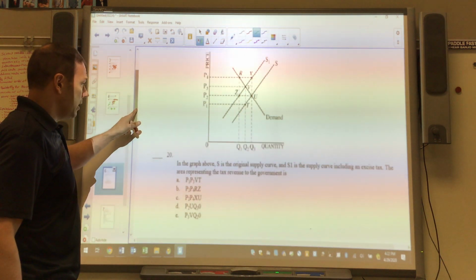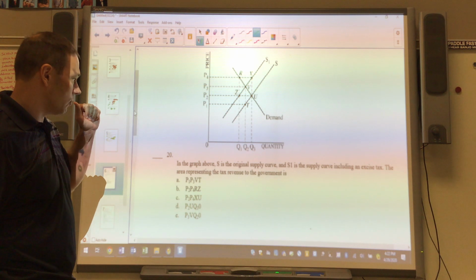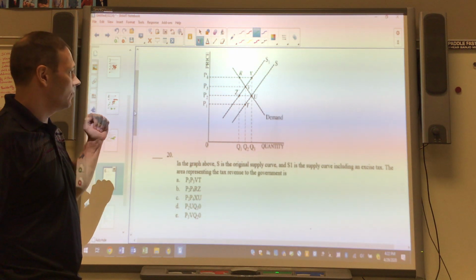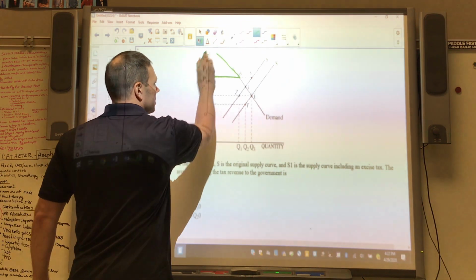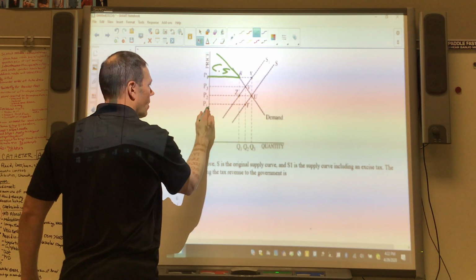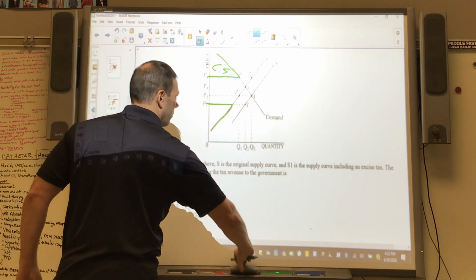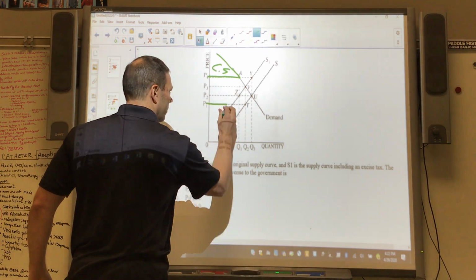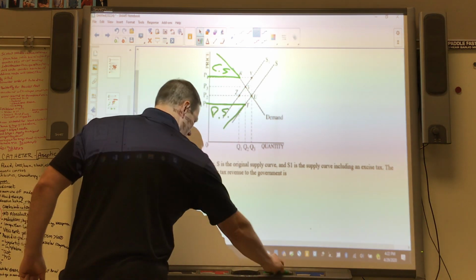All right, number 20, this is a tax incidence graph. So what area represents tax revenue to the government? So remember, here and above is consumer surplus. Here and below is producers. I'm sorry, I did that wrong. Go all the way to the original supply curve. Here and below is the producer surplus.